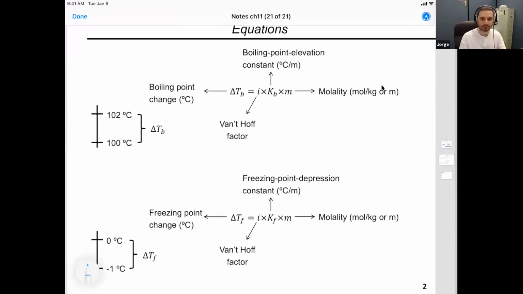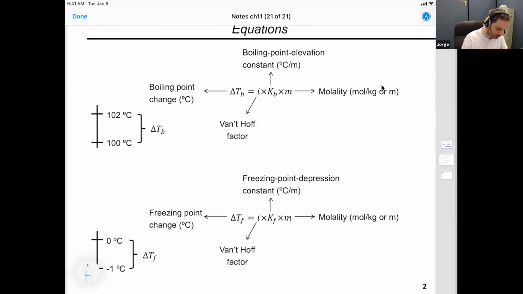Okay, so to finish that chapter, let me show you a couple equations. We can calculate the change in the boiling point when we add a compound to, for example, water. And we can do the same thing for the freezing point. The equations are very similar.